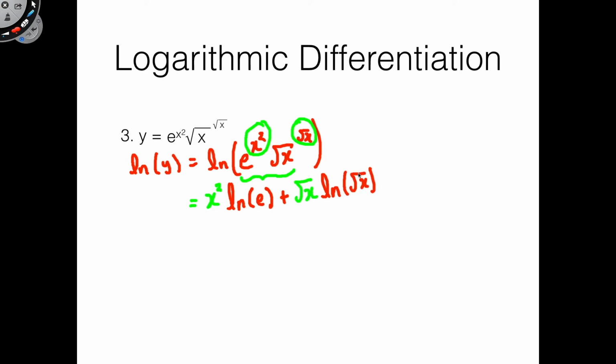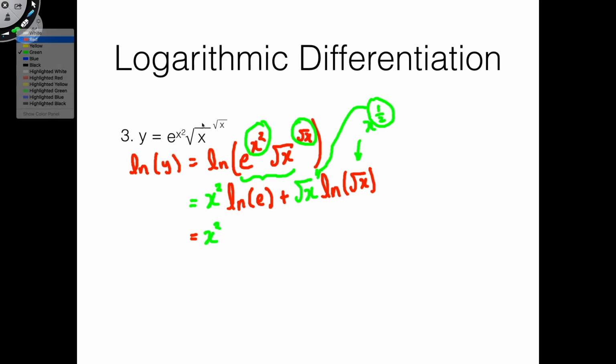And if you notice, I can actually do another simplification right off the bat here, because again, a square root is very simply something raised to the 1/2 power. So I can go ahead and take that 1/2 and I can bring it right up to the front over there. What I'd really have here is I have x squared. So the ln of e is just going to cancel out. So that's going to be just 1.